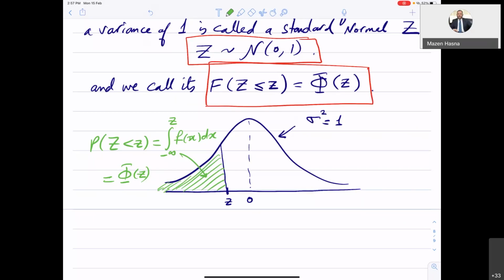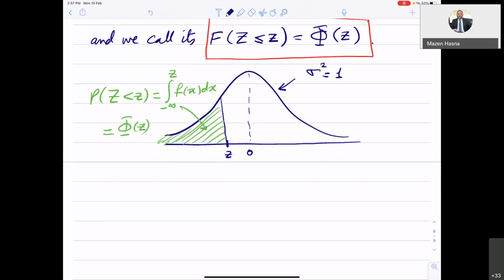Okay? So the area under the curve from minus infinity to any value, I will call phi of that value.